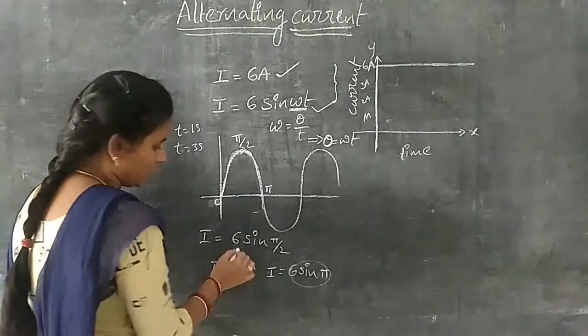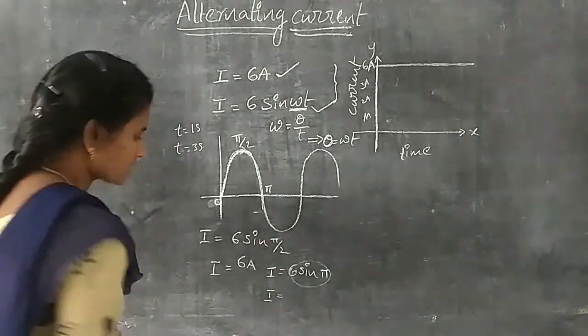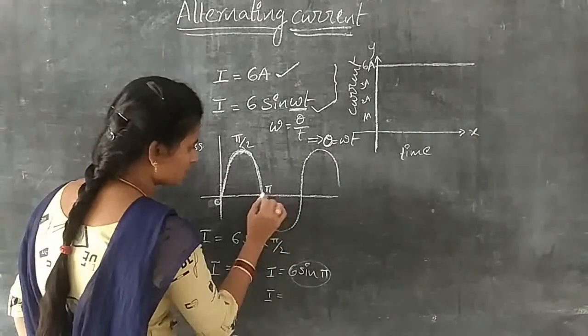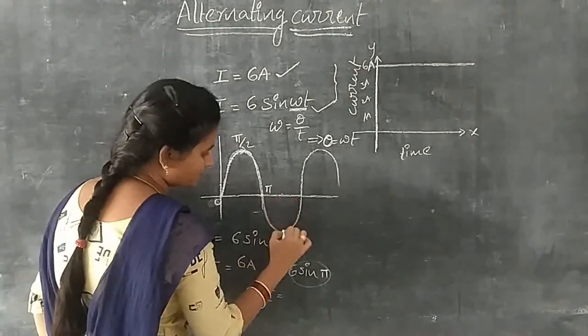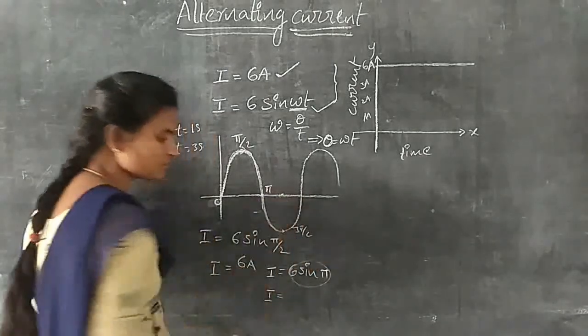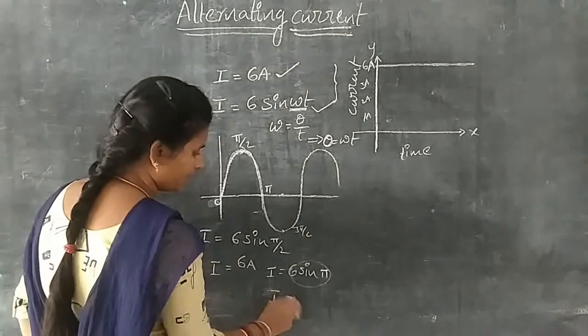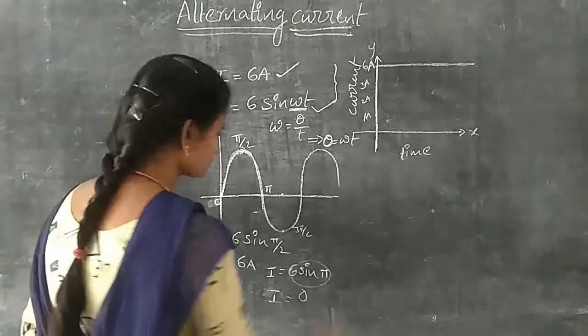After that, sin 3 pi by 2. So this is pi and this is 3 pi by 2. Here I is equal to 0.